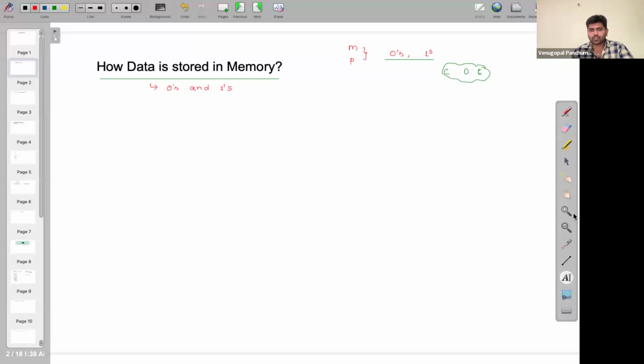So these zeros and ones are actually called bits.